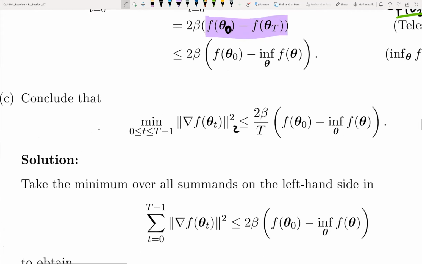All right, how can we show this? Well, this is part B, what we have just shown in part B. And if we now take the minimum over all summands, then what do we get? We get here that this is smaller than or equal to the sum, and now I'm a bit lazy.